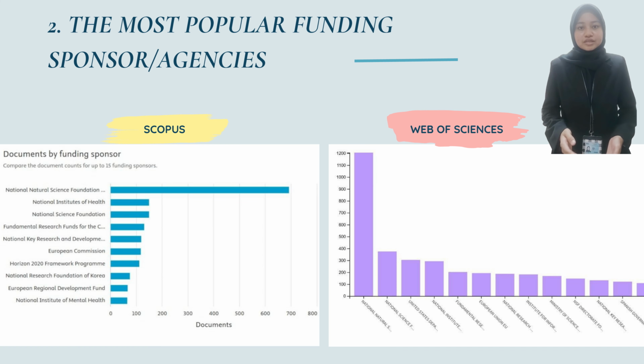The second one is National Science Foundation, NSF, which holds 375 documents with 4.756%. Meanwhile, the third is United States Department of Health Human Services, which has 304 documents with 3.856%.